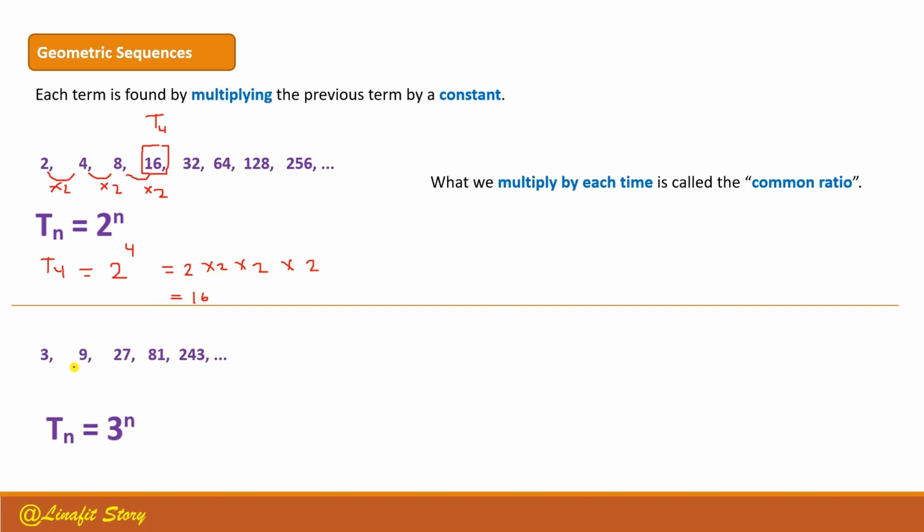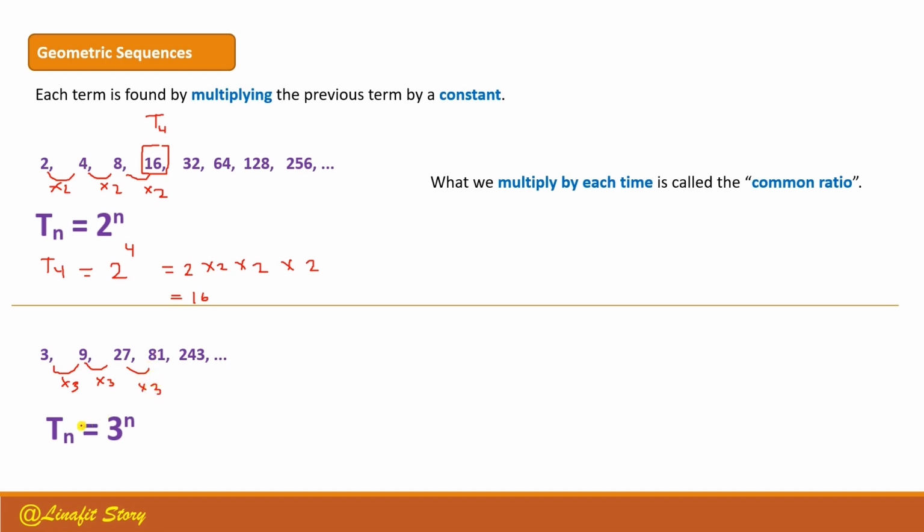Here we have 3, 9, 27, 81, 243, and so on. So this sequence has a factor of 3 between each number. The pattern is continued by multiplying by 3 each time. 3 times 3 is 9, 9 times 3 is 27, 27 times 3 is 81, and so on.